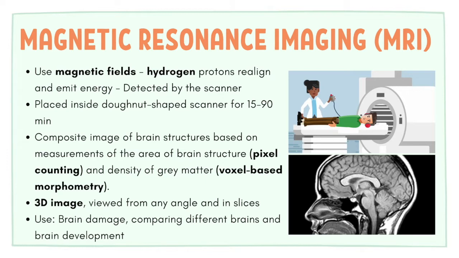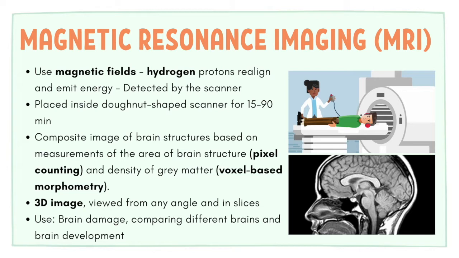People are placed into a donut-shaped scanner that emits a magnetic field, a really strong magnetic field, and it kind of looks like the image on the right side. This magnetic field then causes the hydrogen protons in the brain to realign. And when these protons realign, they emit energy, which is what is detected by the scanner.